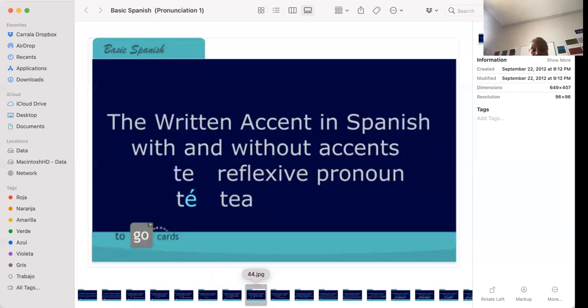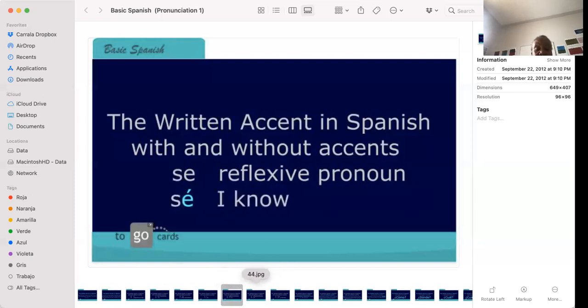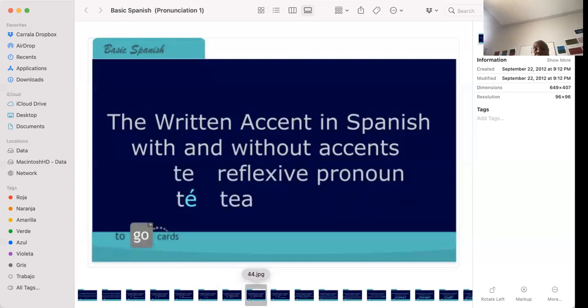Te is a reflexive pronoun, and it's also an indirect and direct pronoun. It's not just reflexive, and that's true for se also. Te hablo, I speak to you.